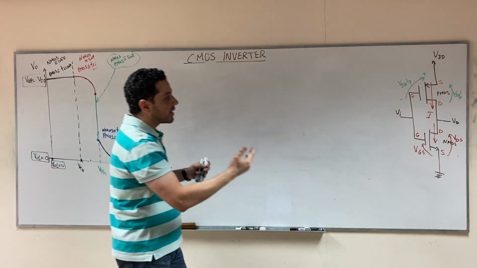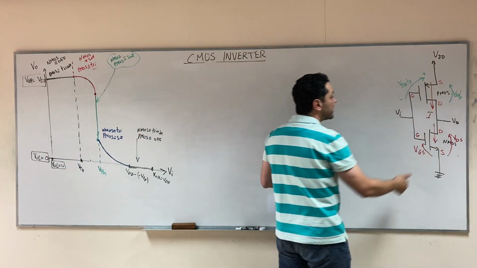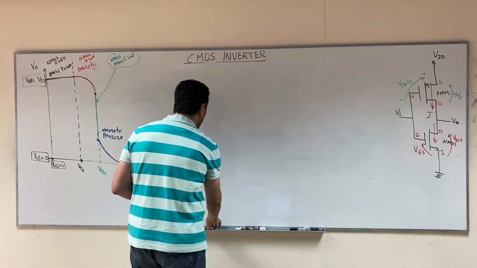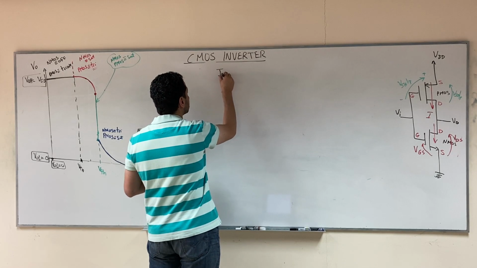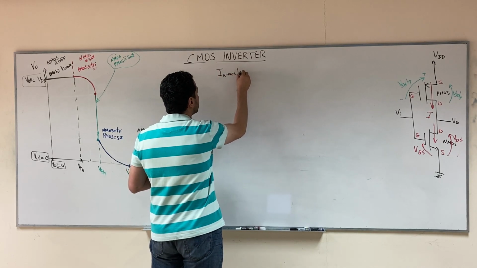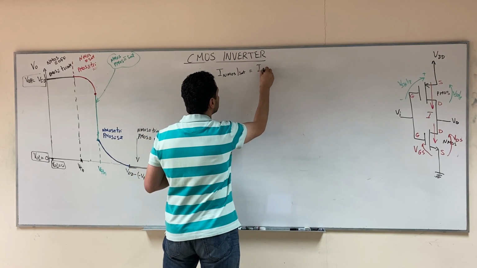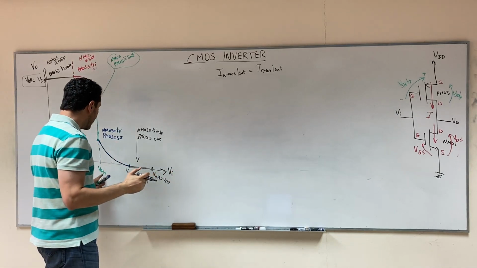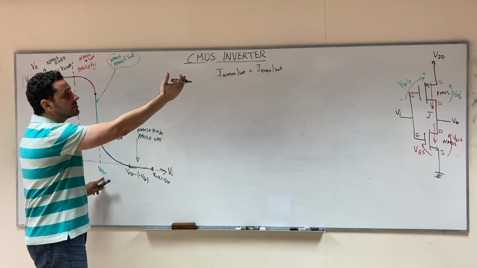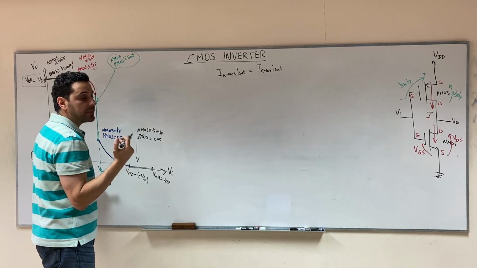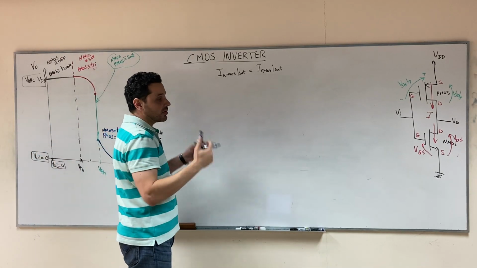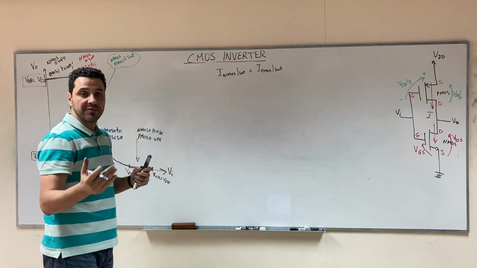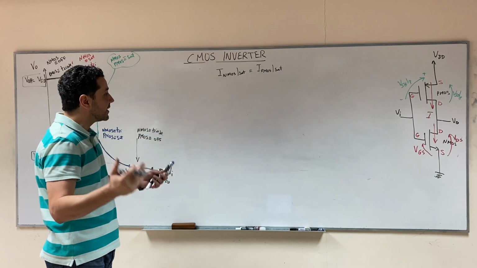And since we know that the current of both transistors is the same, what we can do is equate the current of the NMOS in saturation to the current of the PMOS in saturation, and then find the value of V input that makes this relation happen. So for example, let's do it. I know there is a lot of math here. I will do some of it and leave the rest to you as home assignments.